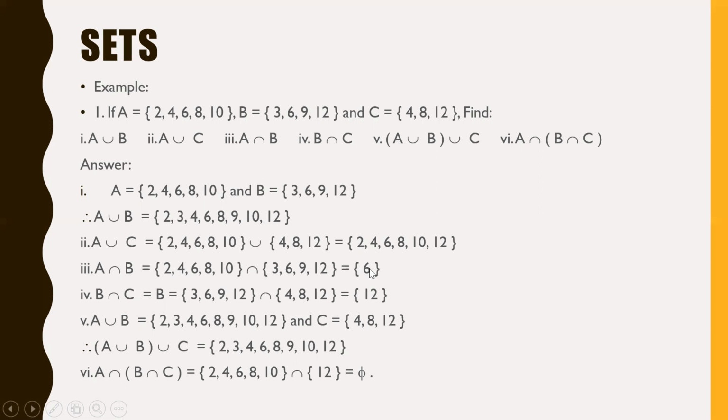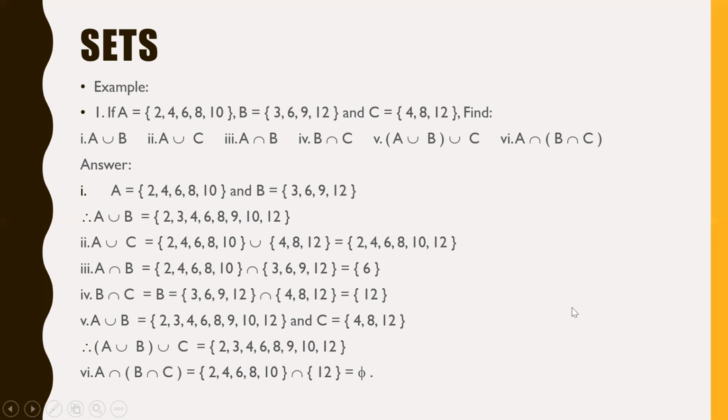So you are writing 6 as the answer. Now B intersection C, you have to write the set B's value 3, 6, 9, 12. Then intersection, 4, 8, 12. Between B and C, are any numbers common? So 12 is common, so you are writing 12 as an answer.